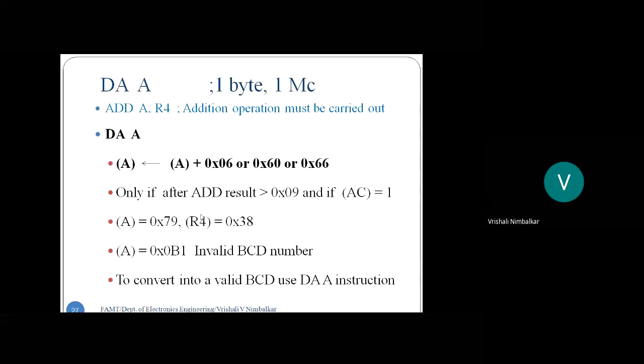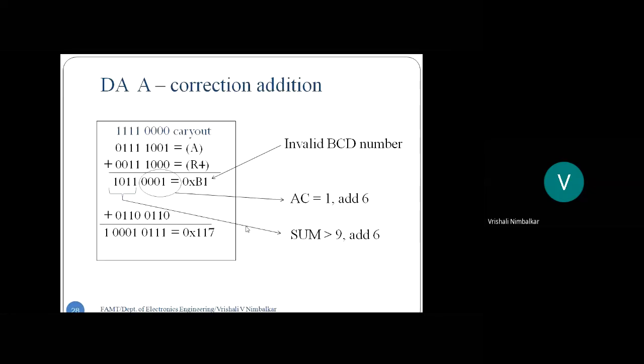It's a BCD number, BCD decimal. So 79 plus 38: 9 plus 8 is 17, 1 carry 7; 7 plus 3 is 10, 10 plus 1, 11. So 79 plus 38, your answer should be 117. And see, we are getting it here, 117. So that's BCD, binary coded decimal. Correct? We got a correct BCD answer just with the help of the DAA instruction.